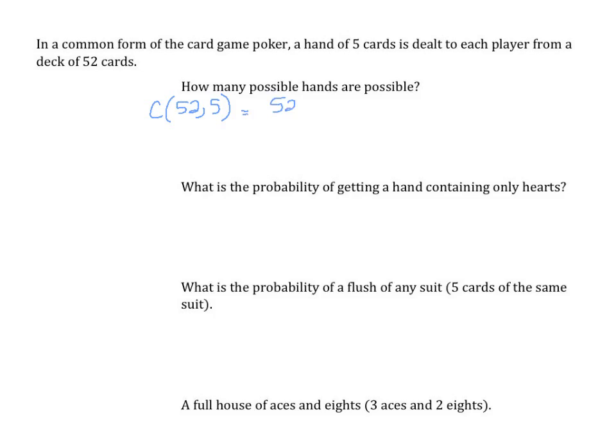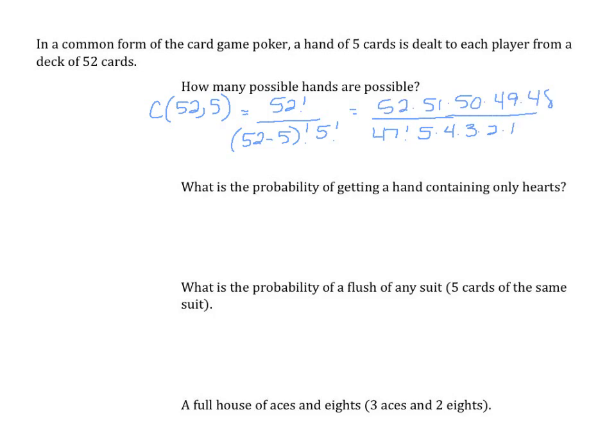So we'll have 52 factorial over 52 minus 5 factorial, 5 factorial. 52 minus 5 is the same as 47 factorial. So when I multiply down, I can stop at 47 because now I know that those will cancel.